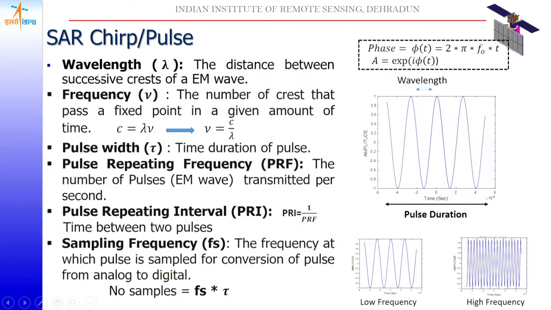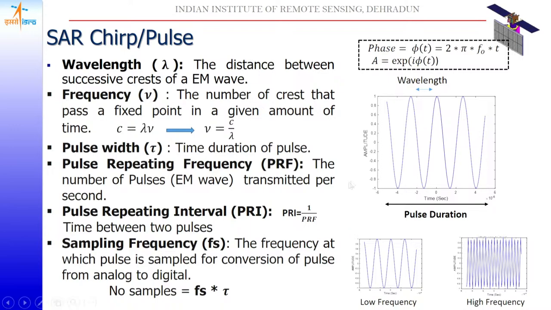The third term of the pulse is the pulse width, meaning the time duration of this pulse. Next is the PRF. What is the PRF? PRF is the pulse repetition frequency, the number of pulses transmitted per second. It means the rate at which we send that electromagnetic radiation or chirp.